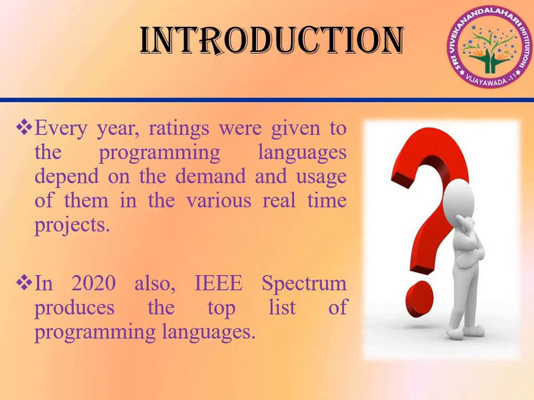Like so many organizations and analyst firms, IEEE Spectrum also produces a list of the top programming languages in 2020 based on leveraging 11 metrics from no less than 8 resources which are frequently available to us, which includes Twitter, Stack Overflow and more.